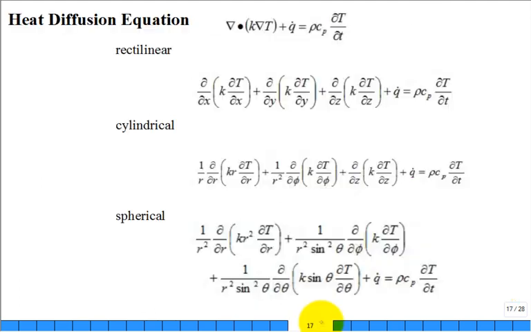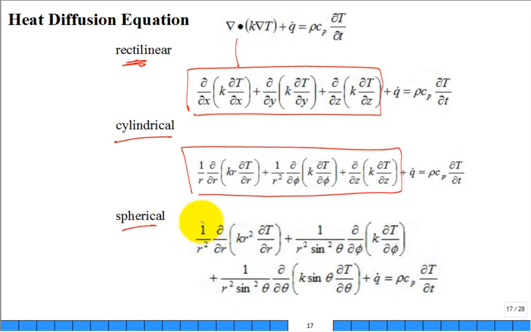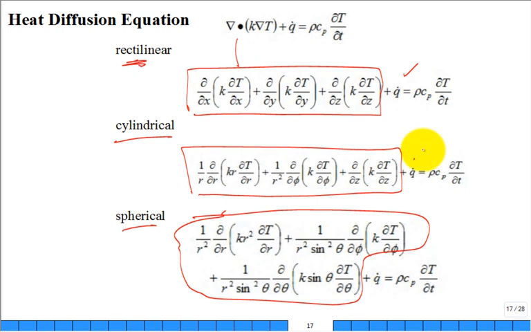Move on, Professor. So what you do is you expand out the del squared term in the rectilinear coordinate system, you expand it out in the cylindrical, and you expand it out in the spherical. The other terms, Q dot and this accumulation depletion term, are pretty straightforward.